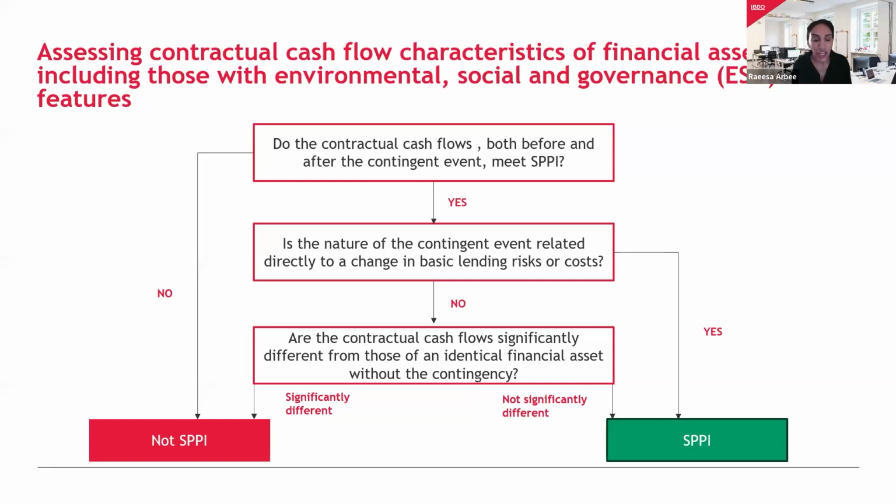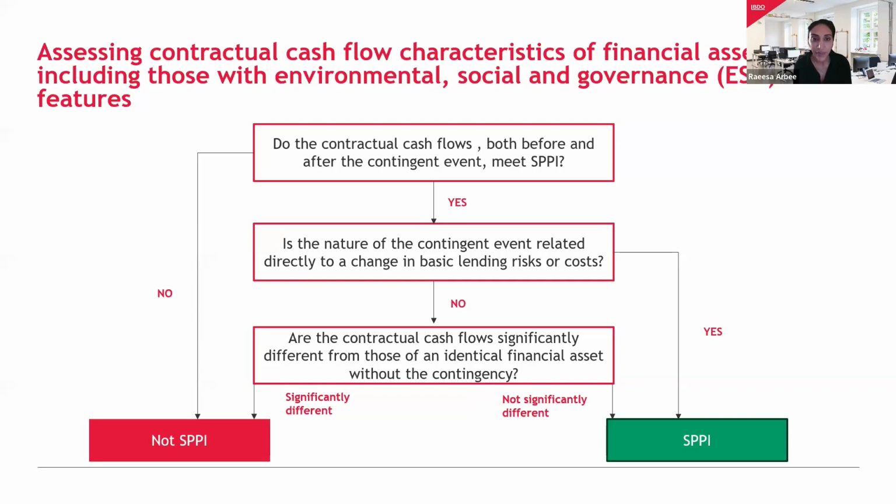So if we look at our cash flows on this loan before we meet the target or after the target is assessed, am I still paying solely payments of principal and interest? In my very simple example, where you've got a loan and the interest rate is indexed to an emissions target, you'd answer yes to that question because you're simply paying principal and interest. It's just that your interest rate may change.